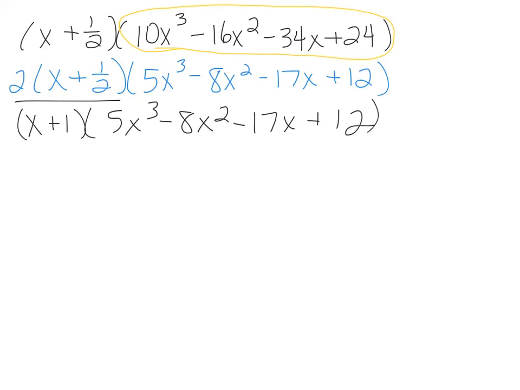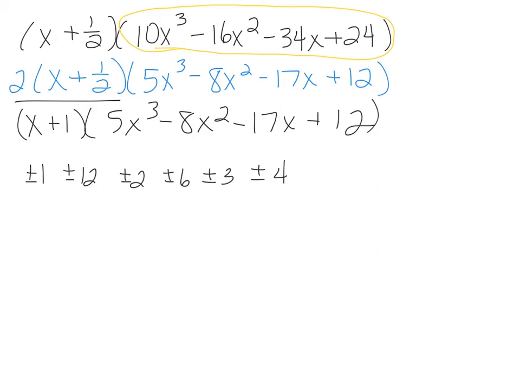All right, so I have a leading coefficient of 5 and a constant of 12. I can repeat the steps from the beginning to find my possible zeros. So really I have plus or minus 1, 12, 2, 6, 3, and 4.